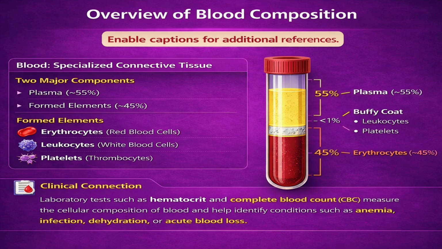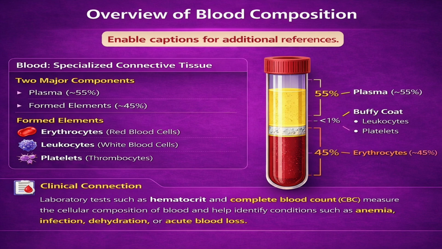The most abundant are erythrocytes, also known as red blood cells, which specialize in the transport of oxygen and carbon dioxide. The second group consists of leukocytes, or white blood cells, which participate in immune defense by identifying and responding to pathogens or abnormal cells.